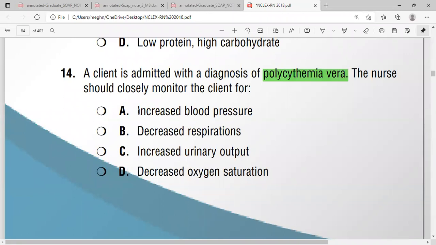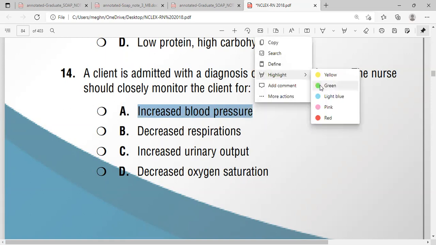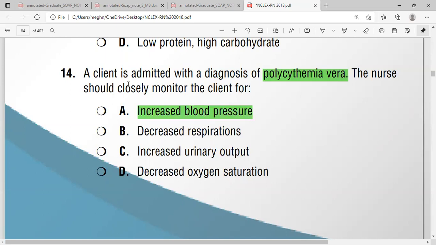The correct answer is increase in blood pressure. So it is important to monitor the blood pressure closely. Why is blood pressure monitoring important? The client with polycythemia vera has an abnormal increase in the number of circulating red blood cells that results in increased viscosity of blood.